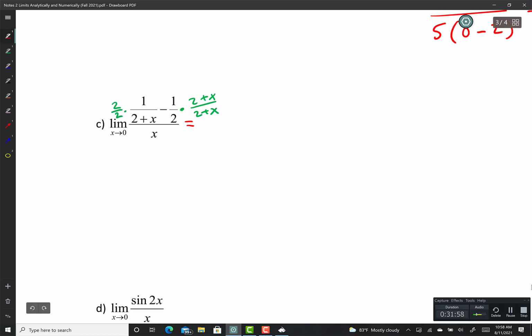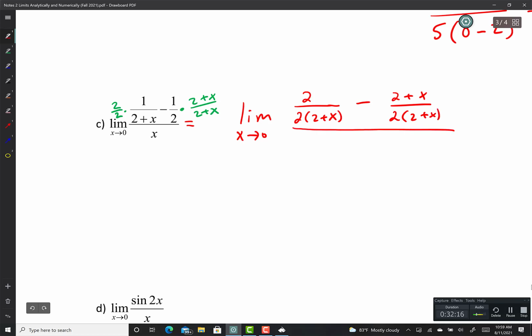So here's what we have. Limit, as x approaches 0, of 2 over 2 parentheses 2 plus x. If you want to distribute it, you can, but I'm going to leave it like that for now. Plus 2 plus x over 2 parentheses 2 plus x, and all this is still over x. Are you guys still safe?